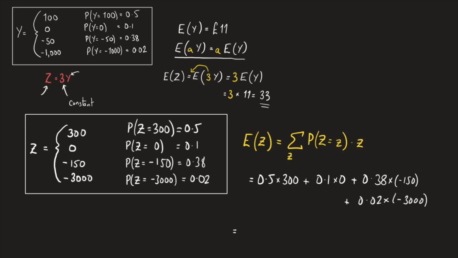Putting all this into a calculator gives us that the expected value of z is equal to £33. And that's exactly the same answer that we got above.